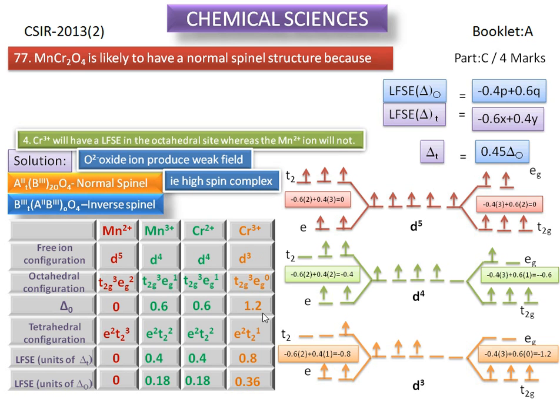We check here: chromium has higher LFSE, so it can occupy the octahedral site, whereas Mn2+ having 0 LFSE occupies tetrahedral holes. So MnCr2O4 has a normal spinel structure. The fourth option is the correct answer.